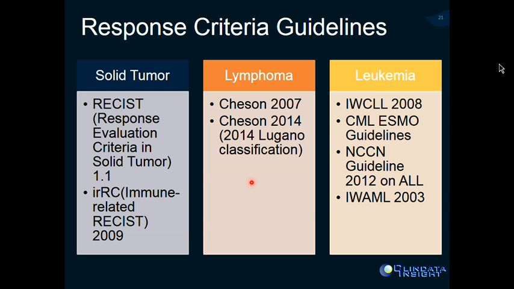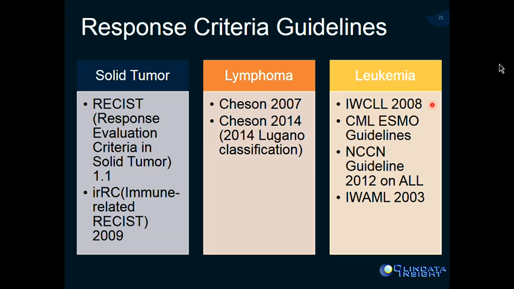Lymphoma follows either Cheson 2007 or Cheson 2014, which is the new response criteria for lymphoma studies. It is also known as the 2014 Lugano classification. And as we mentioned, leukemia has 4 different study types.